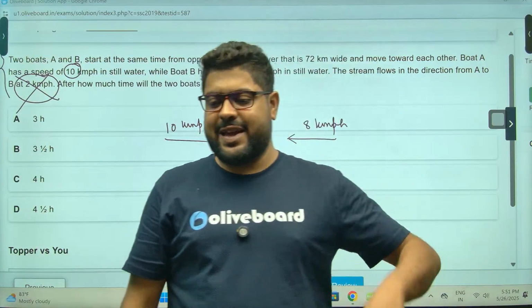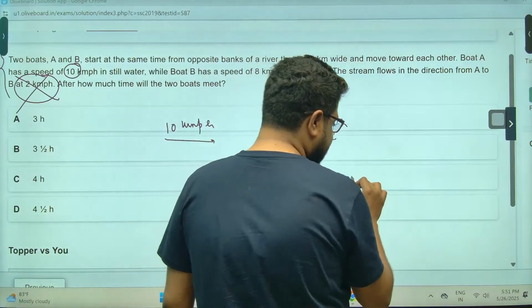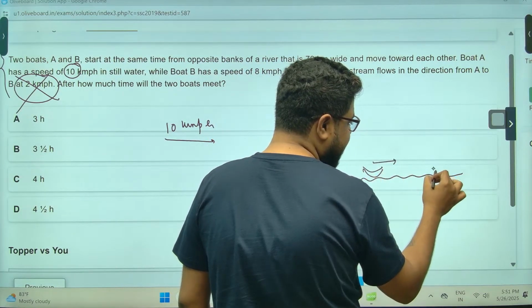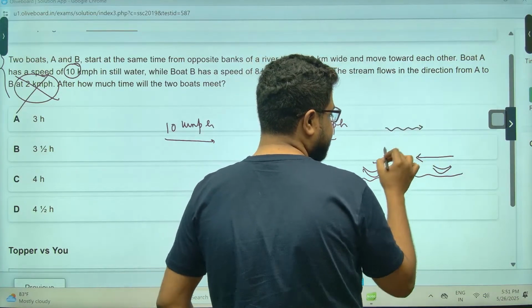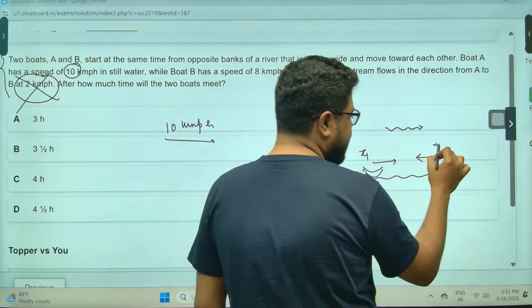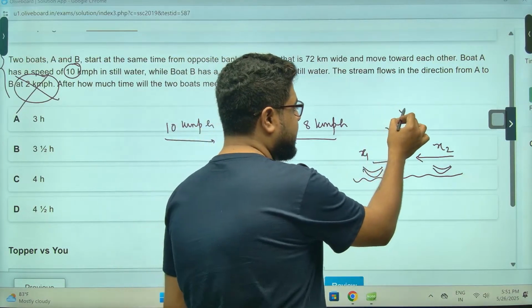In my foundation courses, I've proved this. Let's say one boat is going like this, another boat is going like this, and the stream is flowing in this direction. Say x1 is the speed of this boat and x2 is the speed of this boat in still water, and the stream is y.